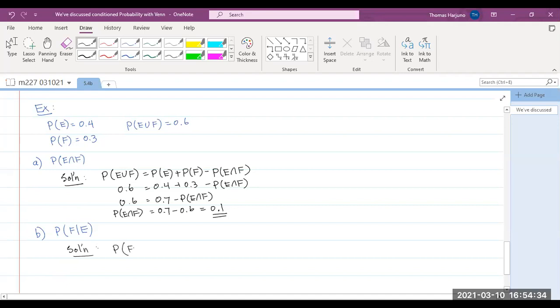Probability of F given E is equal to probability of the intersection over probability of the condition. The intersection is 0.1 according to part A. Probability of E is 0.4 according to the given condition. That's 0.25.